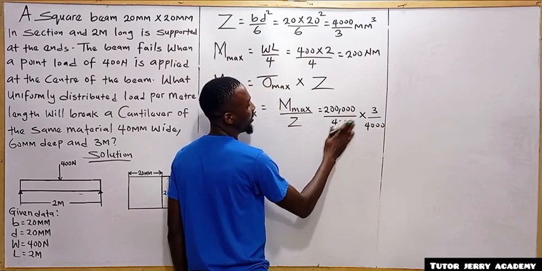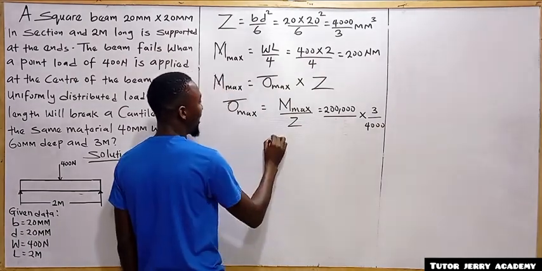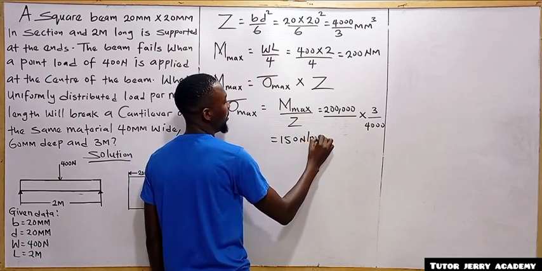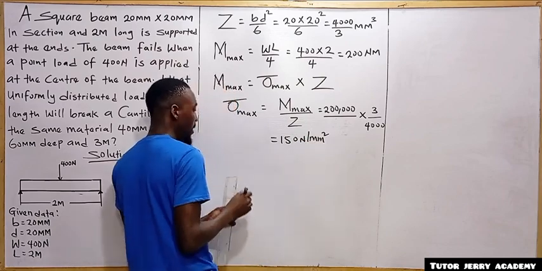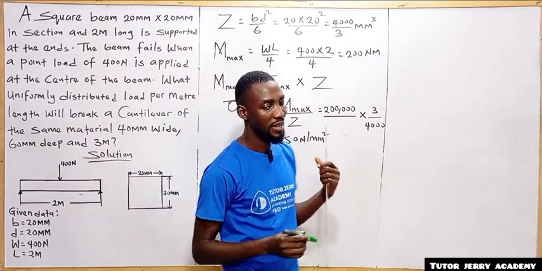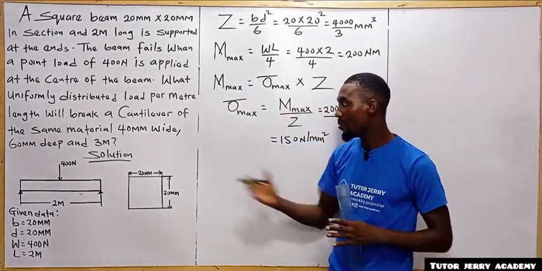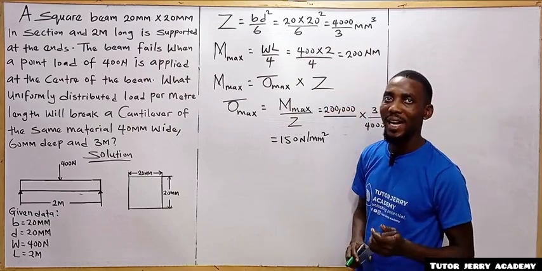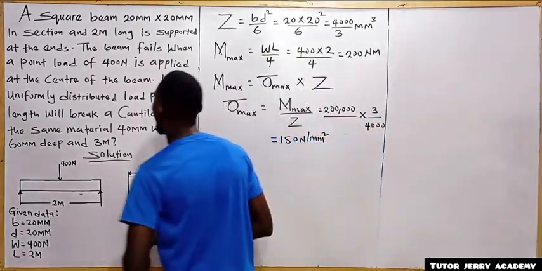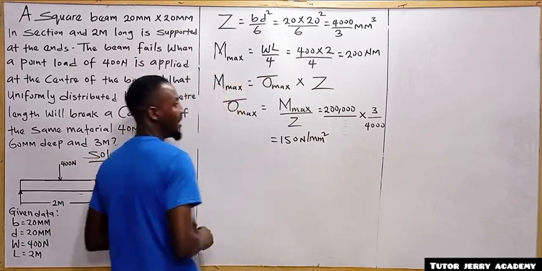So we can clean this now, and our final answer here is 150 Newton per square millimeter. This is the maximum bending stress for the information provided. Now we are going to use this information to draw the cantilever beam.